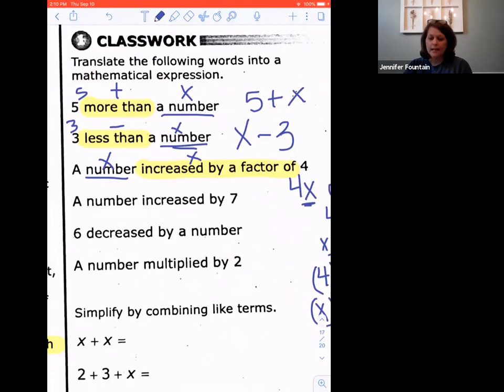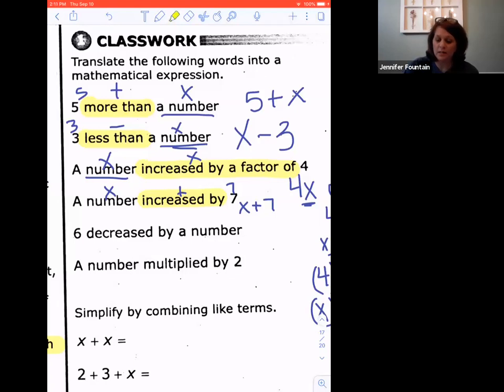All right, the next one is a number increased by 7. What operation am I going to use for "increased by"? It's going to be addition, right? So I've got my number that we can use as X increased by 7. So X plus 7.